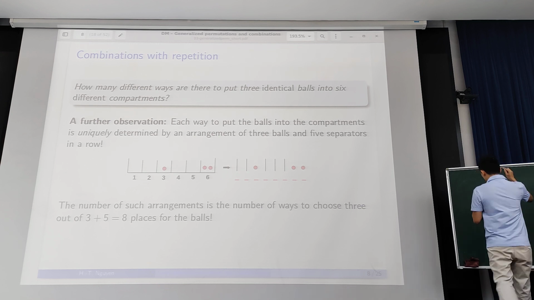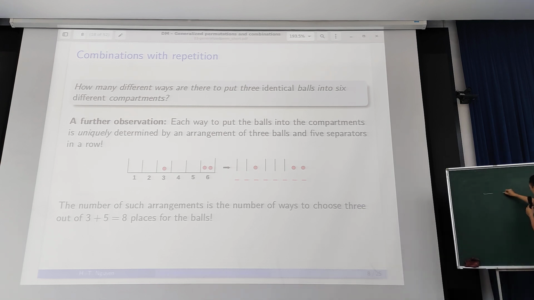Let us do it in a slower way. Now you have 8 places here. Suppose you have balls in the first 2 places, followed by a separator, then a ball, and then the rest are separators.